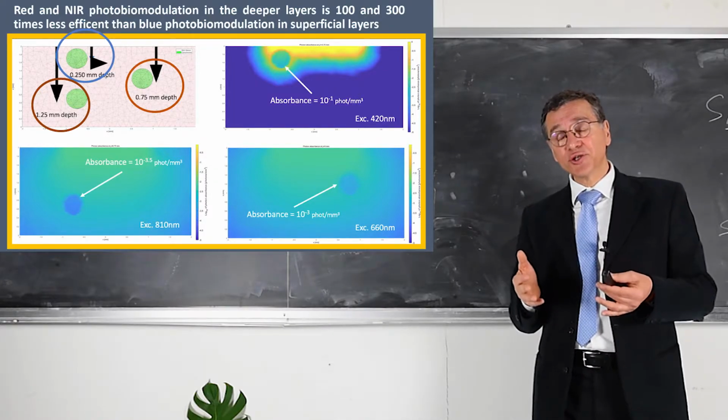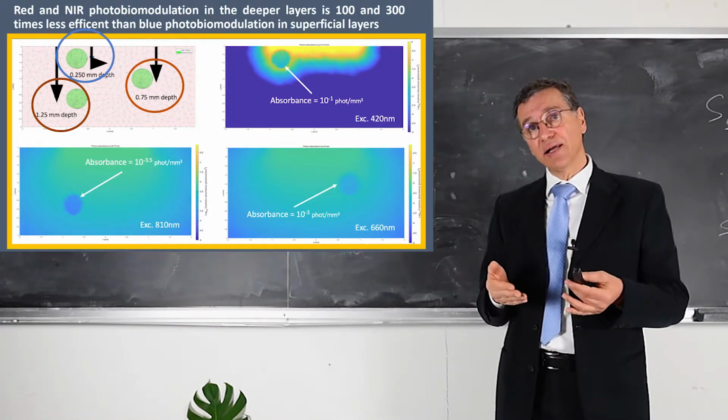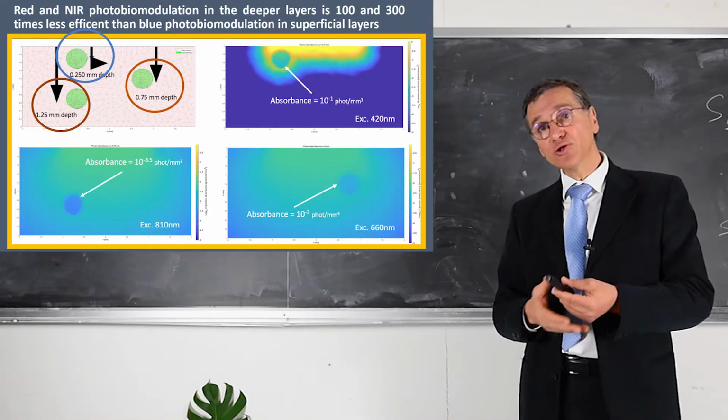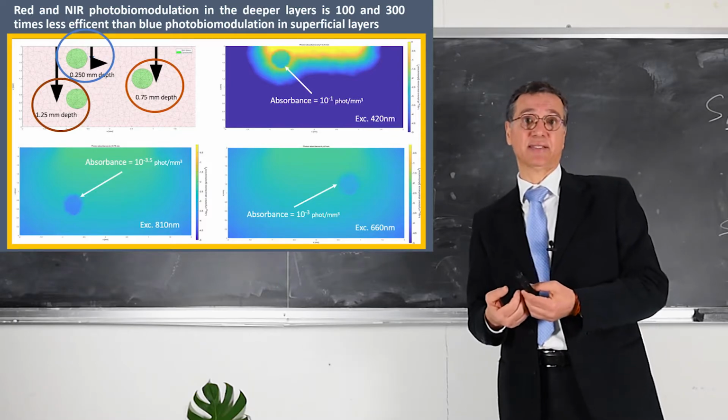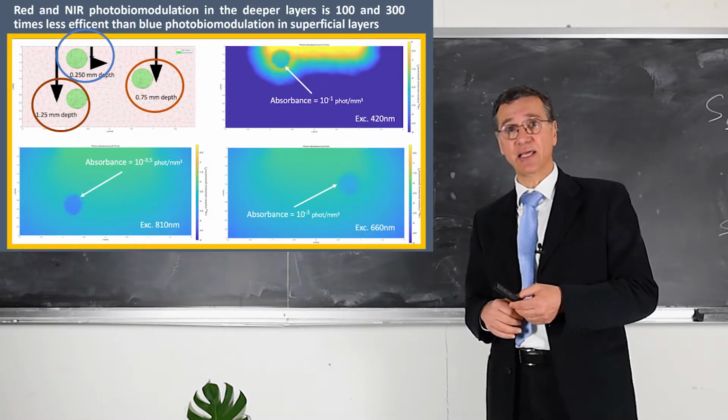Now, it's true that red and near infrared are going deeper, but it's also true that the cytochrome oxidase absorbs much less in the red and even less in the near infrared.